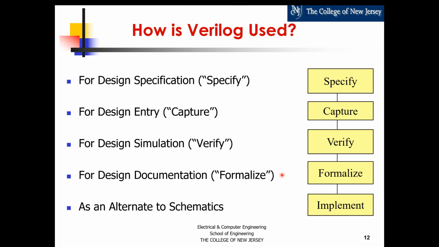At a very high level of abstraction, you could use it to specify things. And then you can capture and verify your design, even document the design. You're going to be working with these two, the capture and the verify. So you're going to be capturing functionality and test benches to verify that functionality.